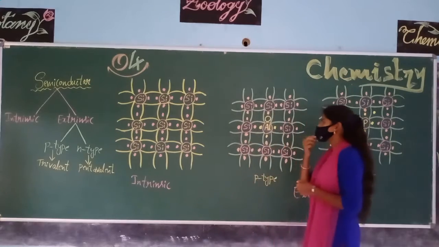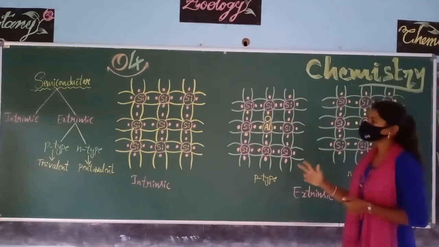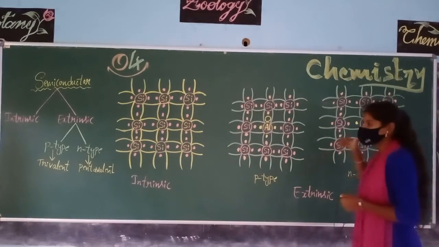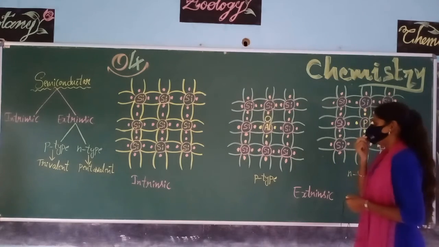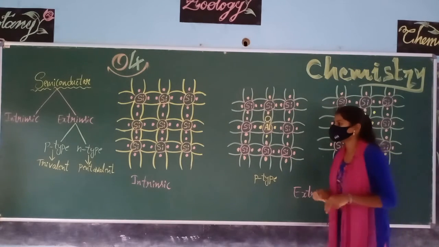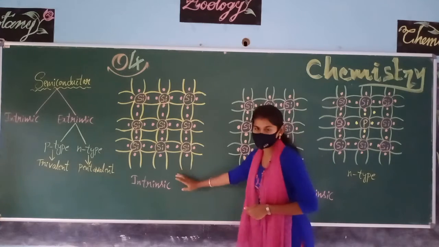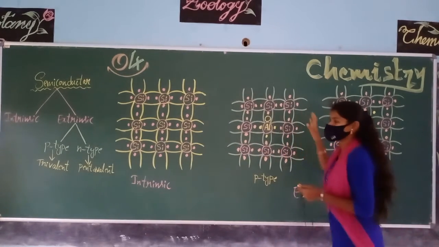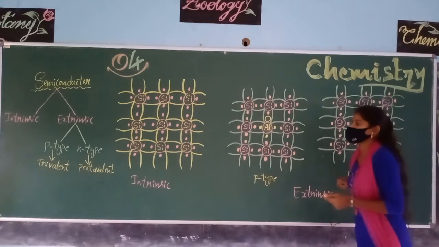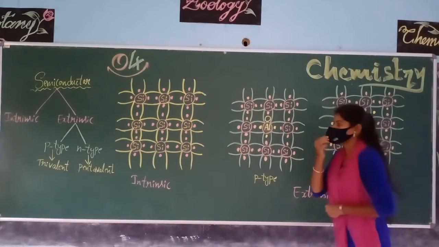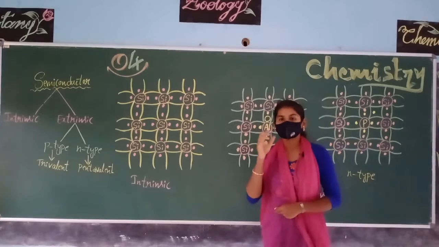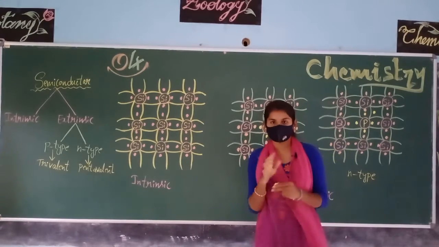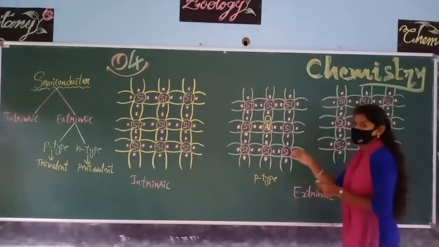So coming to the extrinsic semiconductor, here we have two types again, p-type and n-type. First, extrinsic semiconductor is exactly opposite to intrinsic, where we are going to add impurities to the silicon structure. As silicon or germanium is the example for semiconductor, to that silicon or germanium structure we are going to add the impurities.